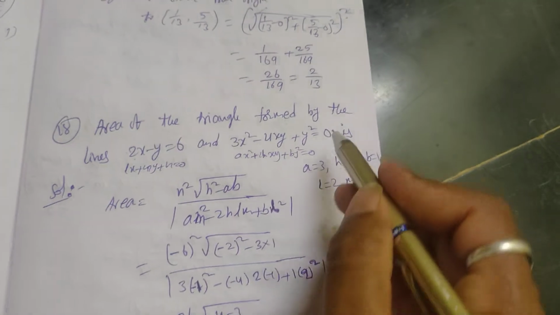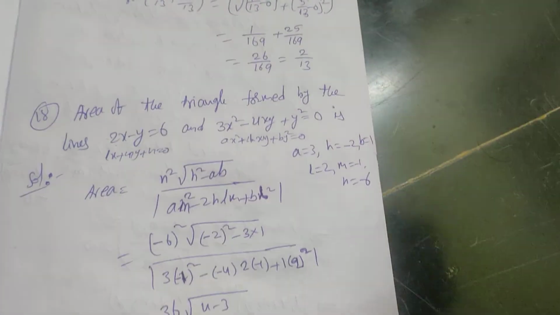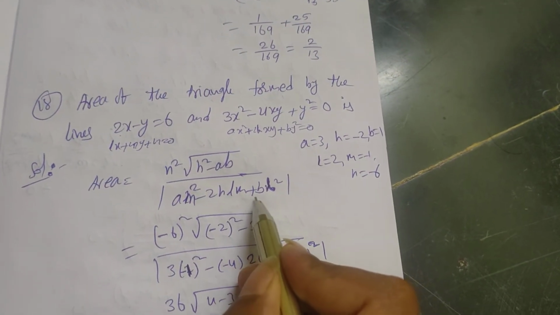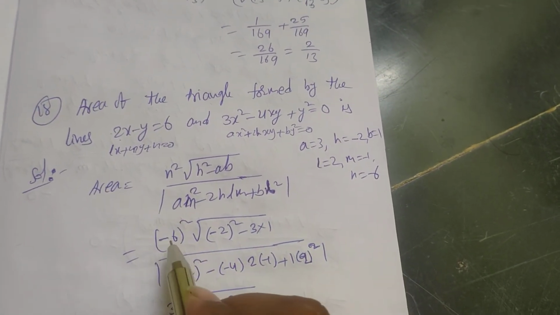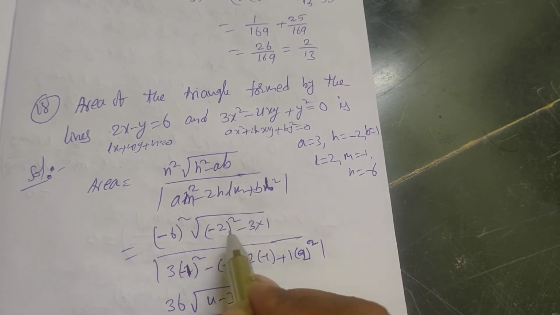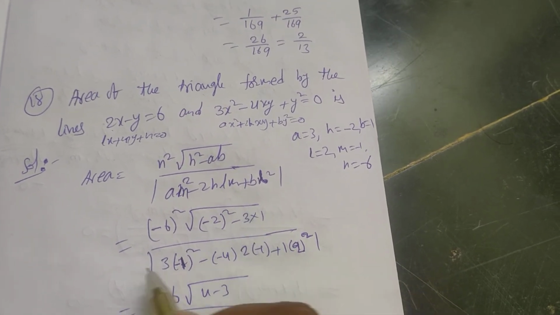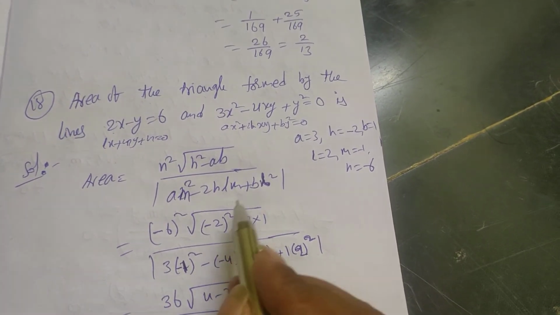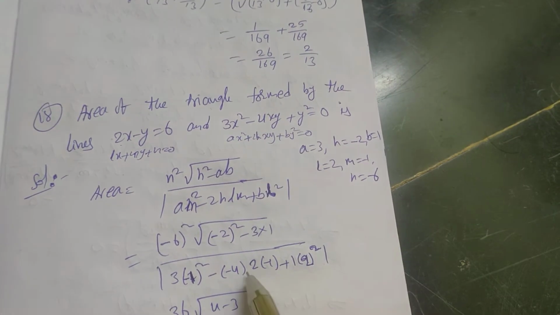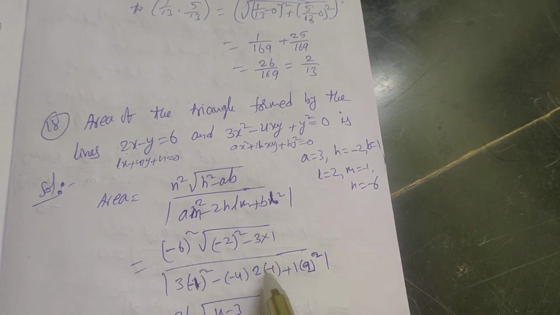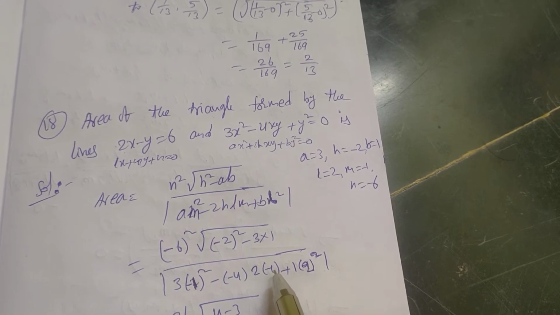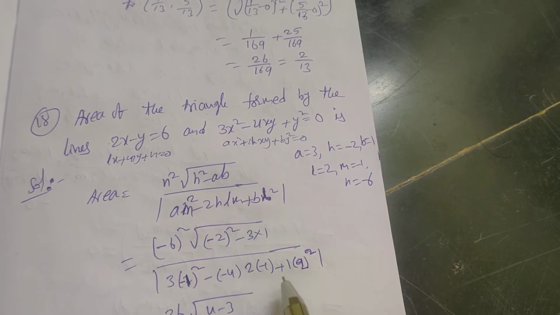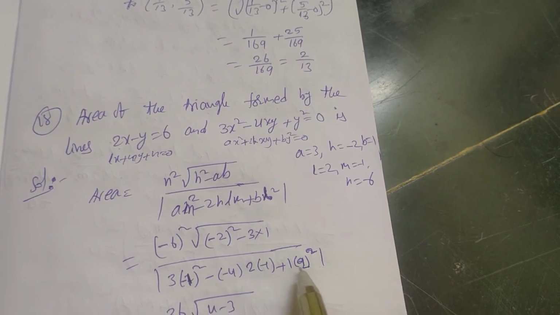Now the area formula. It is a homogeneous equation, so directly use n square into root over h square minus ab, divided by modulus of am square minus 2hlm plus bl square. So n means minus 6 whole square into root over h means minus 2 whole square minus a means 3, b means 1, divided by modulus of 3 into m means minus 1 whole square minus 4 into l means 2, m means minus 1, plus bl square, b means 1, l means 2 square.